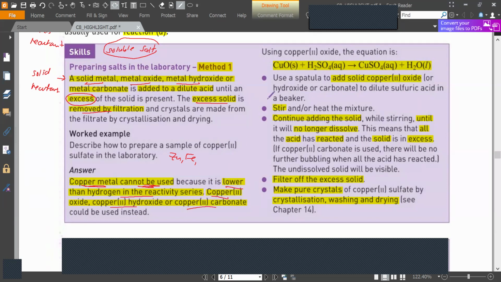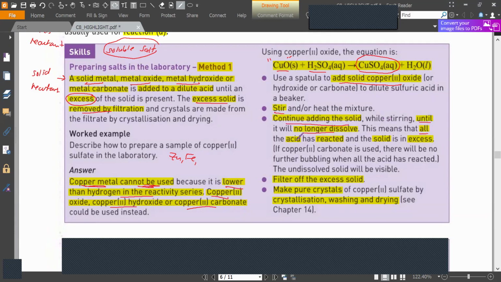Let's say we use copper oxide and sulfuric acid, we will get the copper sulfate salt, and the copper oxide we can filter. Step one, add solid copper oxide. Stir, and continue adding the solid until it no longer dissolves.